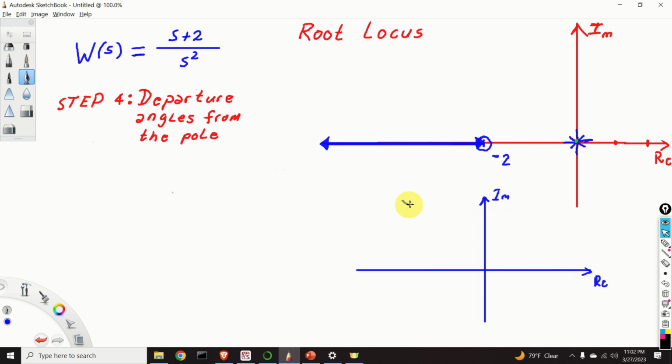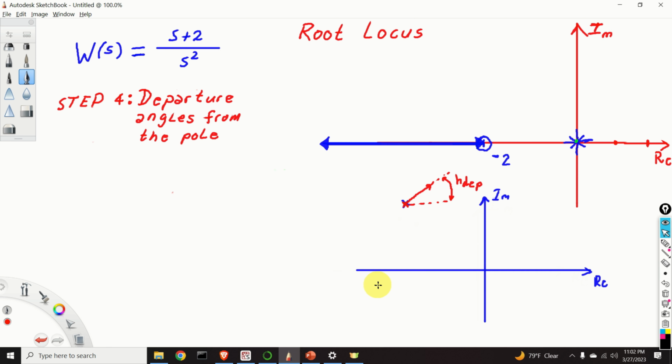And here's my pole, denoted by x. I'm interested to investigate the departure angle of root locus from this pole, and consequently I need to sketch the departure angle. Here it is. Here's the departure direction, and I'm interested in this angle. I will call this angle θ departure.